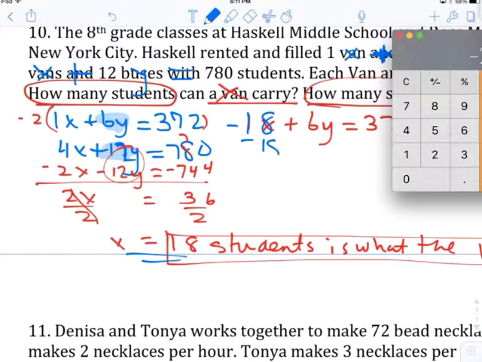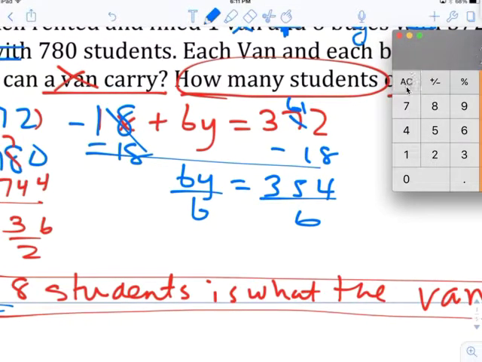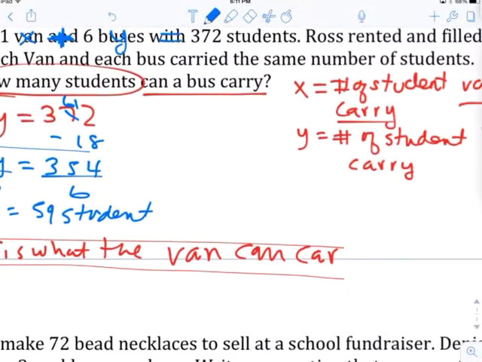Minus 18. 6y equals 354, divide by 6. $354 divided by 6, 59. Y equals 59 students is what the bus can carry.